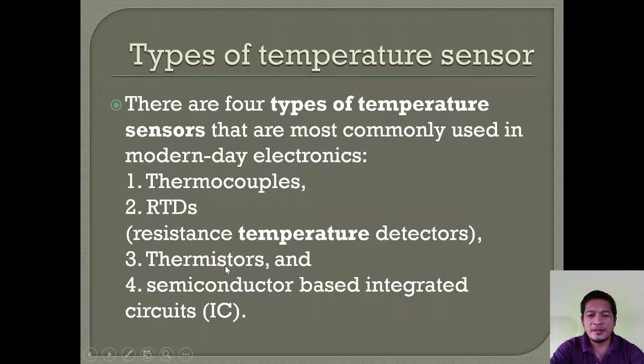The same goes for thermistors. The word therm is from thermometer or thermal, and mistors is for resistors. So it also changes the value of its resistance according to the temperature it measures.